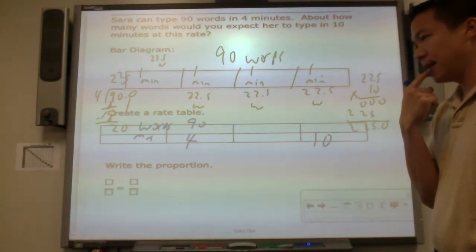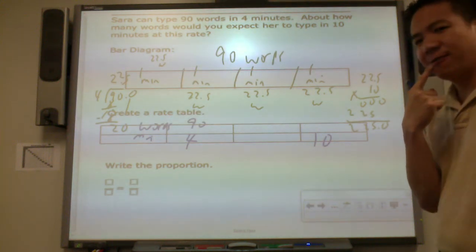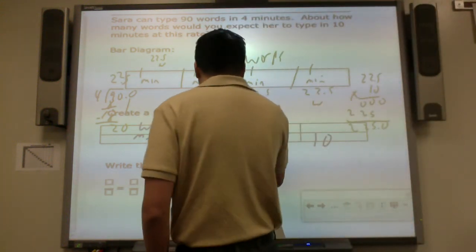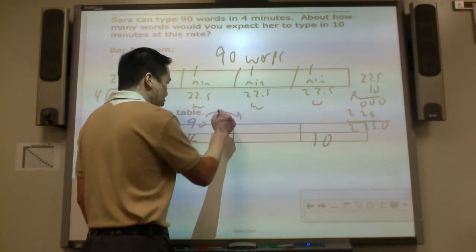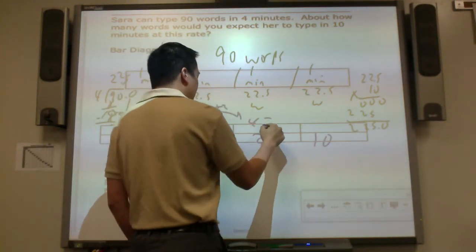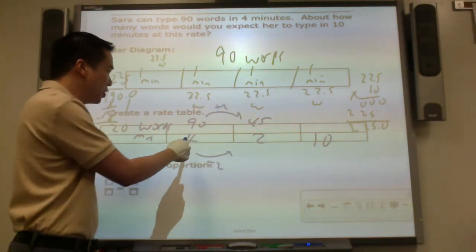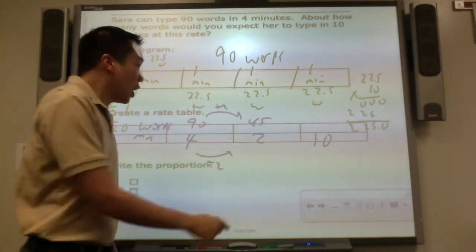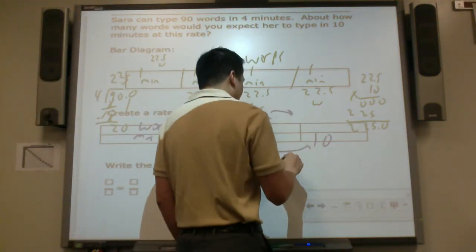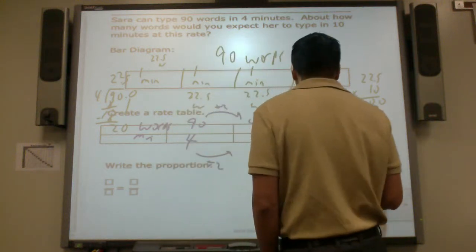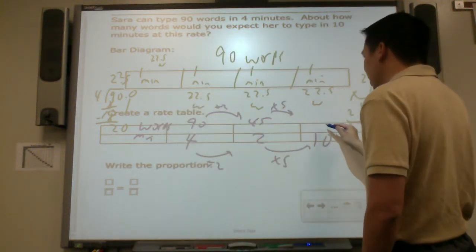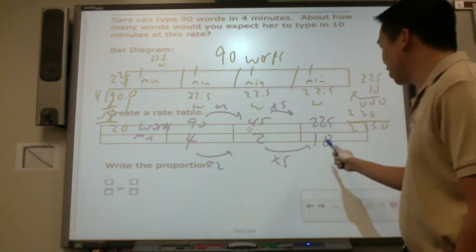Times 2? No, it's 8. Times 3 is too large. So is it 2.5? You know what? I'm going to scale it backward then. I'm going to divide by 2. I get 45 words for every 2 minutes, which is equivalent to 90 words for every 4 minutes. Oh, now I can scale it up by 5. 45 times 5 is 225 words in 10 minutes.